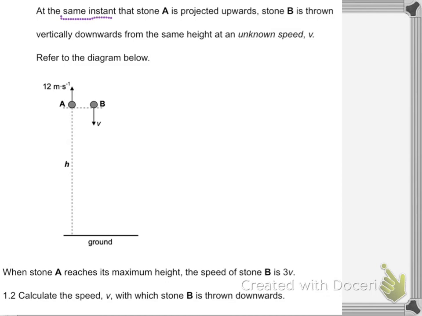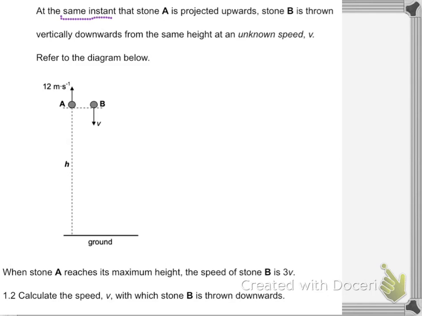So stone B's initial velocity is v, and its final velocity after that same time that stone A reaches its maximum height will be 3v. Now they're asking you to calculate the speed v with which stone B is thrown downwards.